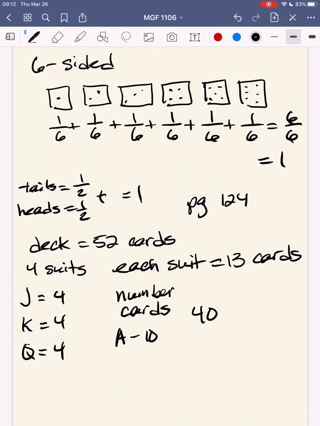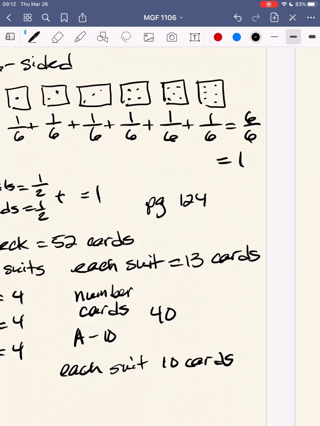So each suit has 10 cards. We consider the ace a 1. Okay, so we're going to look at a couple different problems involving all of these types of things. I will leave quite a few for you to go ahead and practice with.